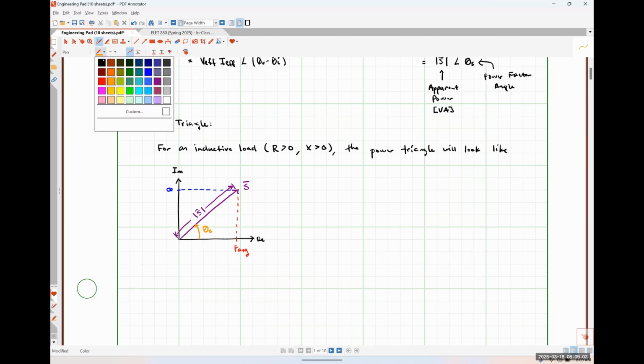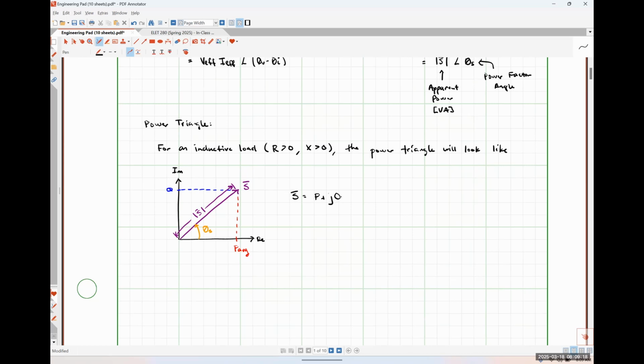So from this simple triangle, we can see that our complex power S for an inductive load will be P plus jQ in rectangular form, and the magnitude of S at angle theta S in polar form. So if we can draw our power triangle for any given load, we can look at it and see some things that are going on.